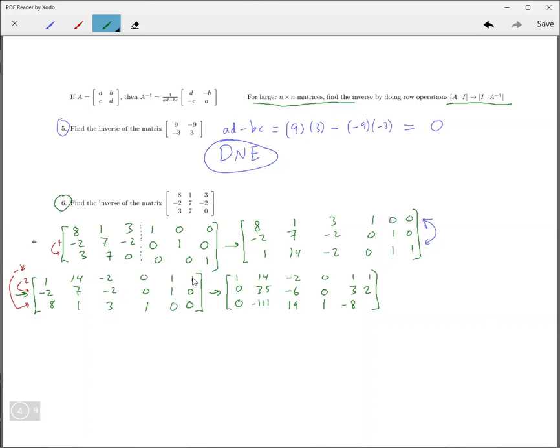And then -8 times 1 is -8 plus 0 is also -8. Okay, oh dear, what do we do here?